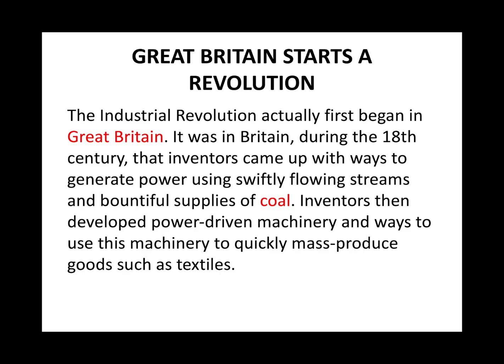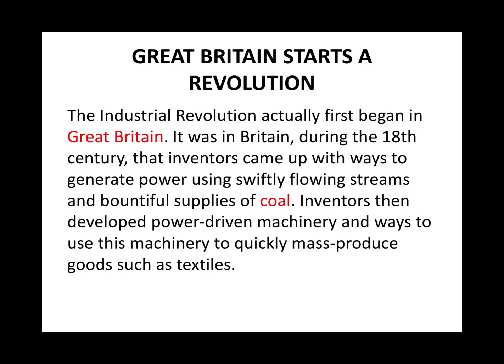All right, so the Industrial Revolution began in Great Britain. That's across the ocean. It was in Britain during the 18th century that inventors came up with ways to generate power using swiftly flowing streams. So they could supply coal.